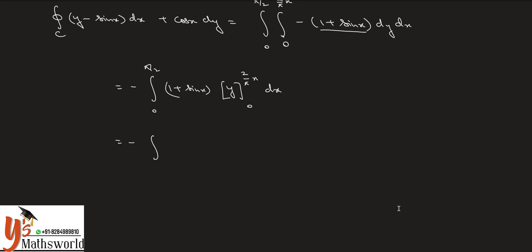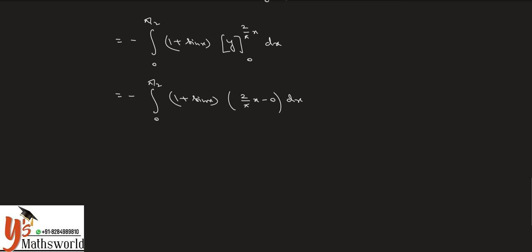That means upper limit minus lower limit, so 2 upon pi x minus 0, dx. Now out of this 2 upon pi is constant, so I am taking it outside, 0 to pi by 2. Now this x into the bracket, so it will be x plus sine of x, dx.